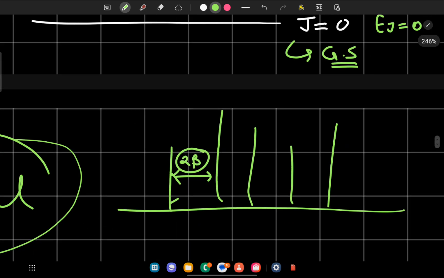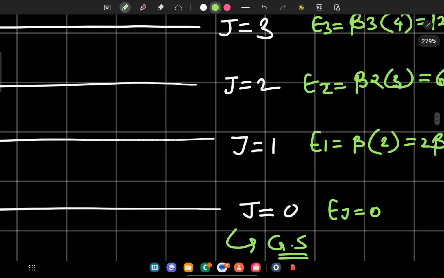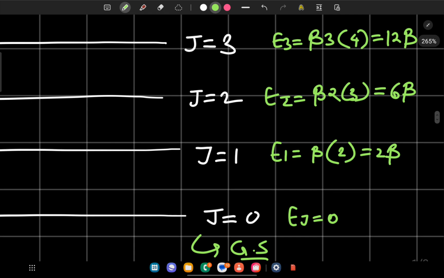Why? Because we just saw that the difference between the rotational energy levels is not the same. For the transition from J equal to 0 to J equal to 1, the associated energy is different compared to J equal to 1 to J equal to 2, or J equal to 2 to J equal to 3.